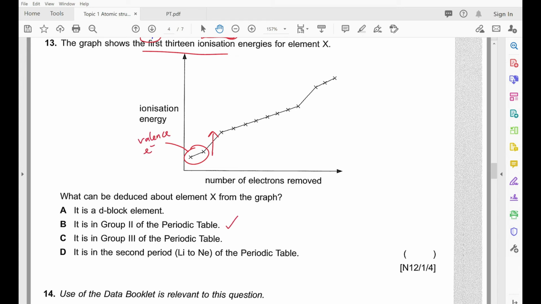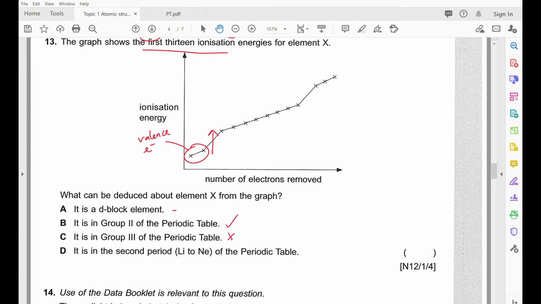It is not a d block element because for transition metals or d block elements, you probably won't see a big or noticeable jump like the one that is here, because between 3d and 4s orbitals, the energy gap is very small. As you go to a higher quantum number, the energy difference becomes smaller and smaller.